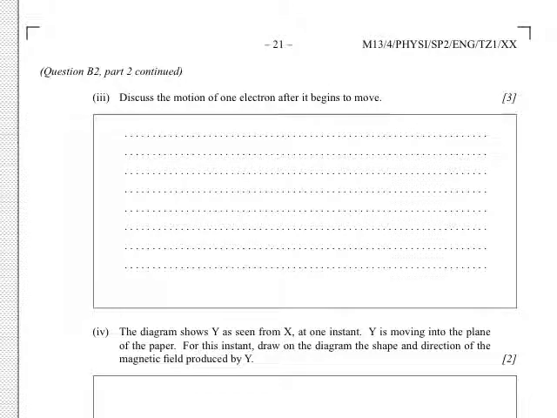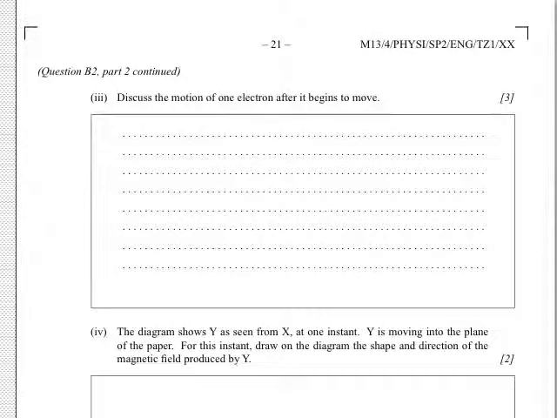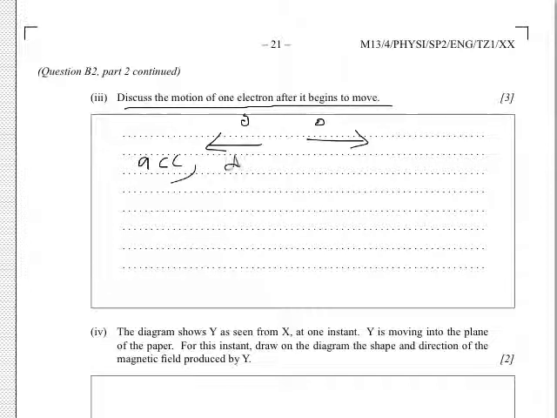Now, continuing with the same question, we have two electrons that are repelling, okay, so they experience a force, and because they experience a force, there is an initial acceleration. So we're discussing the motion of one electron after it begins to move. As it accelerates, the distance increases. So if the distance between the two charges increases, then the force will start to decrease.